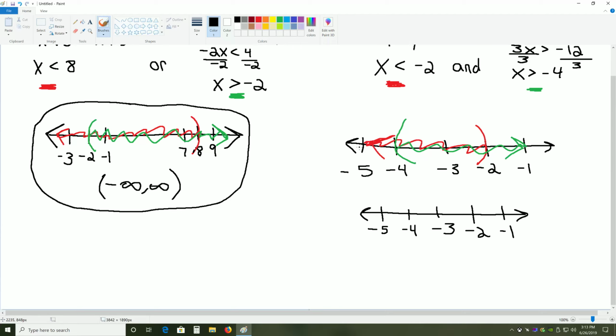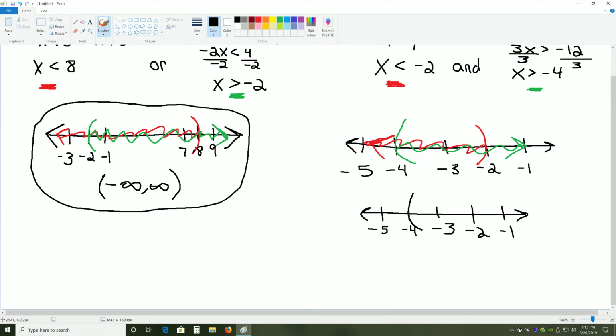So starting with the left, we only have red until we reach -4, at which point we have a green parenthesis. So since there's a parenthesis, that means that number is not included, so we're going to put a parenthesis in our final answer. The red is included, but the green is not, so we have to say that number is not included with a parenthesis.